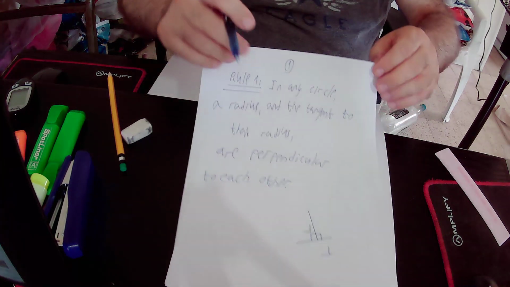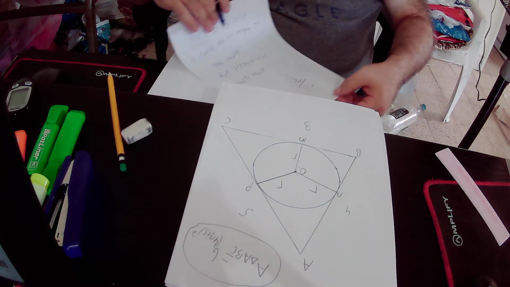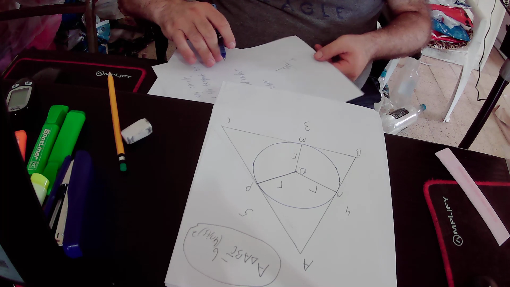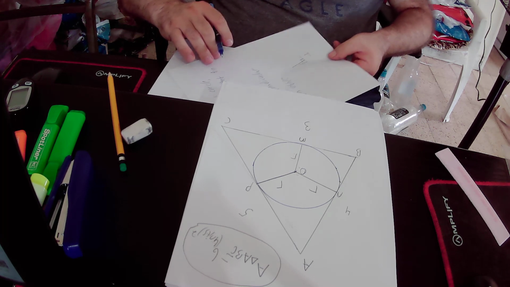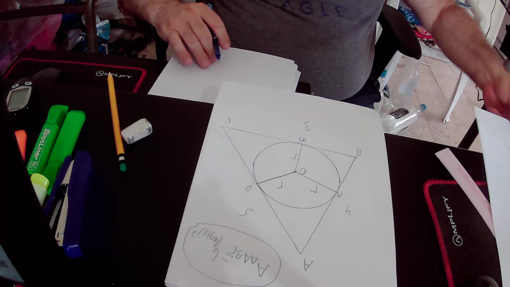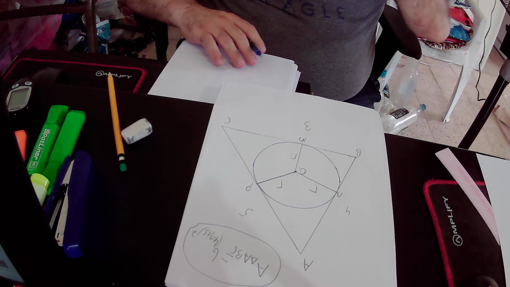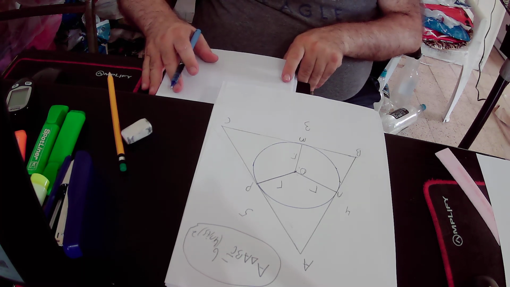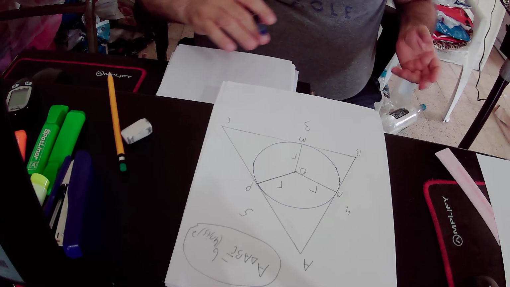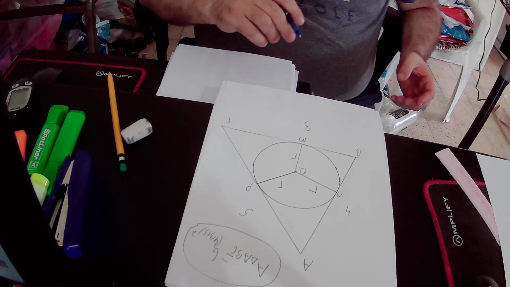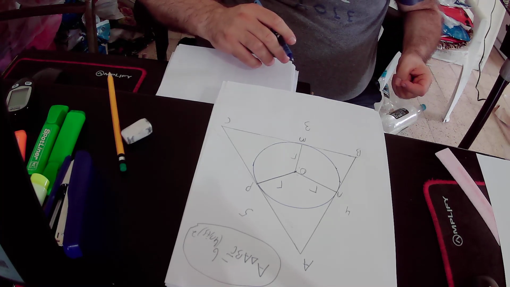Okay, so actually we can implement rule number 1 in our circle because we have 3 radiuses and 3 tangents to those radiuses.